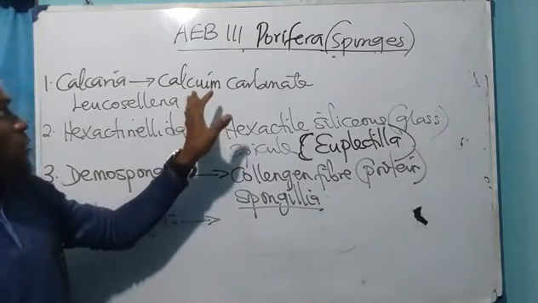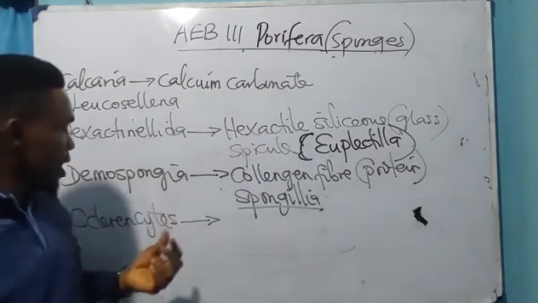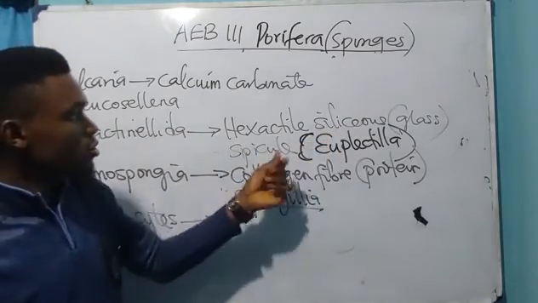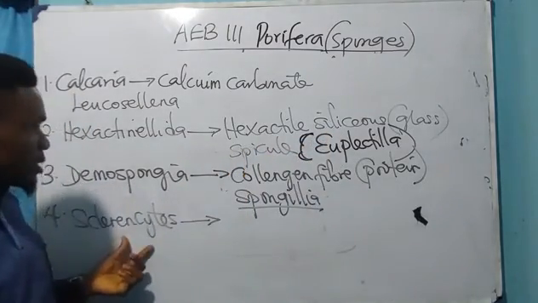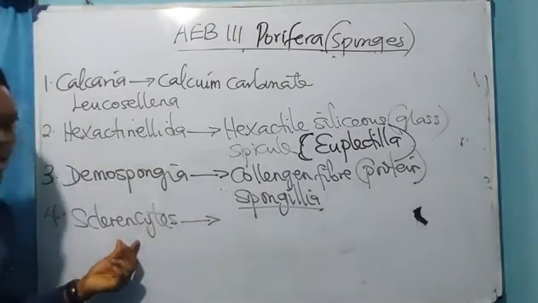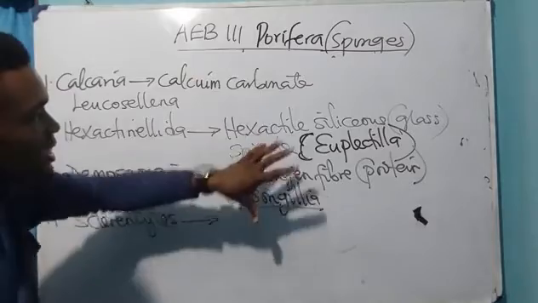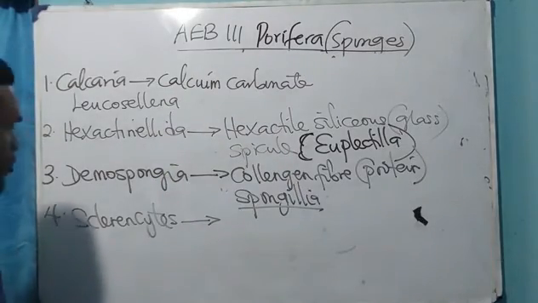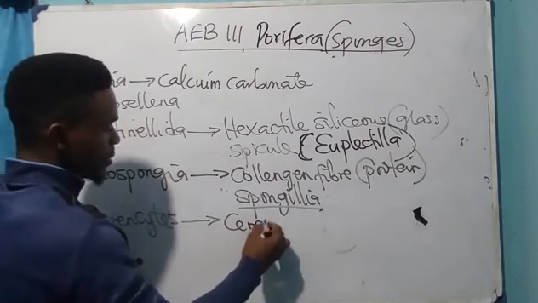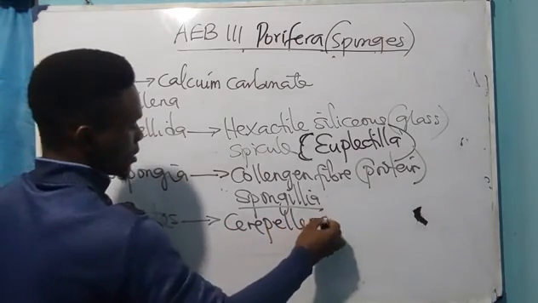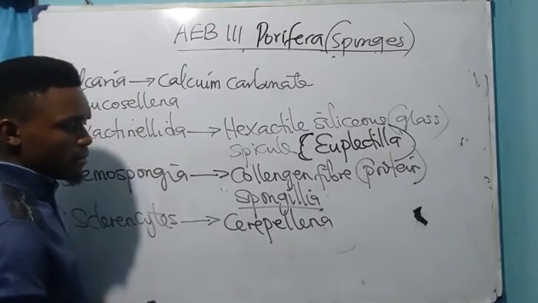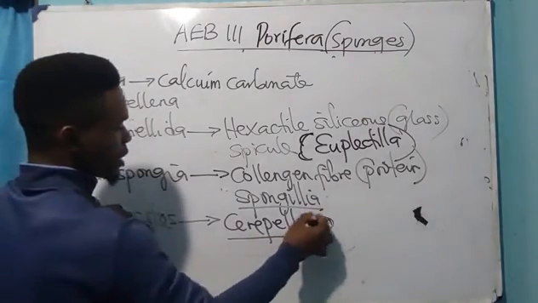What it means is calcium carbonates are found in the sclerospongiae, these siliceous spicules are found in them, while these collagen fibers are also found in them. It is made up of the 3 types of skeletal materials. A good example is Merlia. Please check this spelling out.